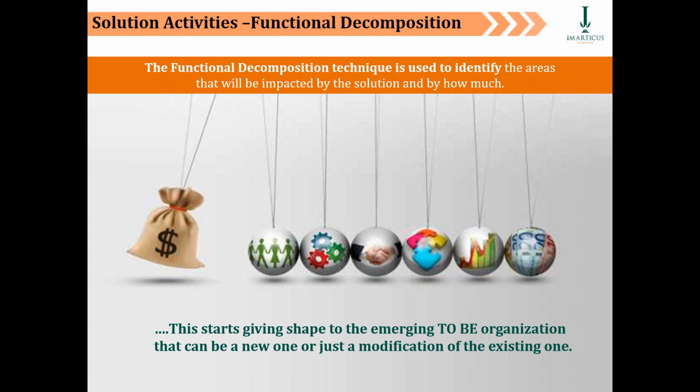So you want to break them out. You want to decipher them, because at the functional level, you may not have too much insight into what's right and what's wrong. So you want to identify those areas which will get impacted by the solution. This means you want to decompose the current functional areas and see them better under the lens of this transformation exercise.